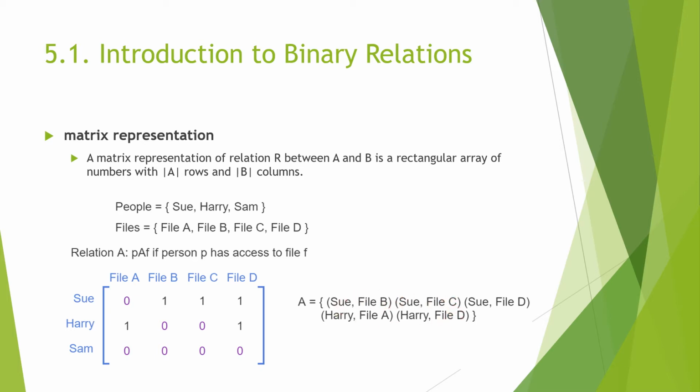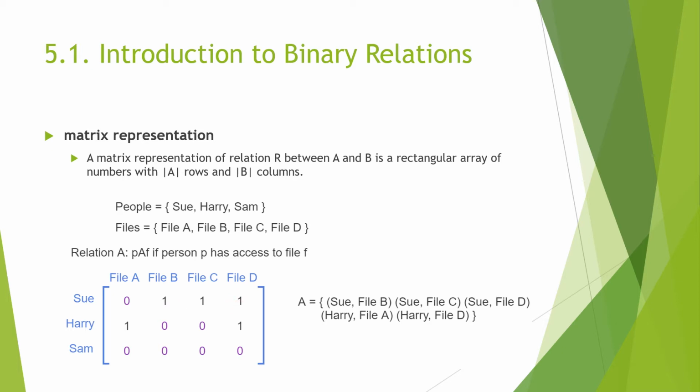So the element in the Sue row and file A column is equal to 0. However, Sue has access to files B, C, and D. Therefore, the other 3 elements in the row associated to Sue are 1.